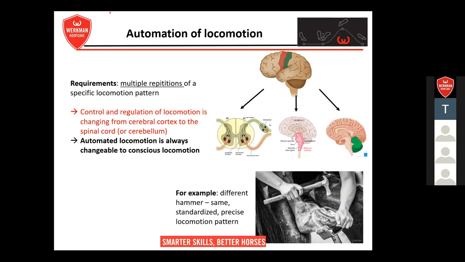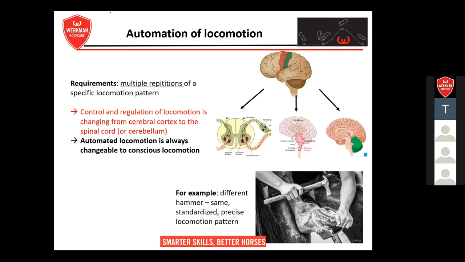So we have a change from the control of the locomotion from the brain to the spine level. So it's very automatized and we don't have to think about it. For example, if you learn dancing, the first times you really have to think about how to move and what to do. And after some repetitions, it's a kind of automatic movement. So then you have learned a new motion pattern. And walking is the same.